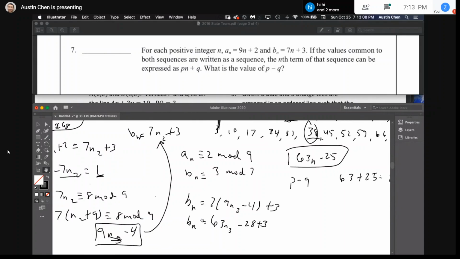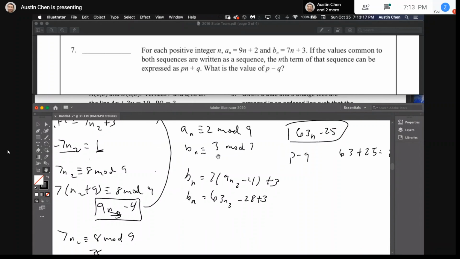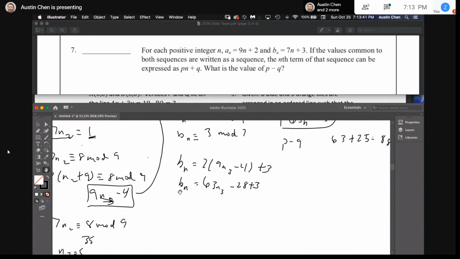So this b sub n sequence is just going to be our new sequence, because our new sequence is the common value. So b sub n is just going to be our new sequence if we have it in terms of n sub 3, which we said was just a positive integer sequence describing n sub 2, right?